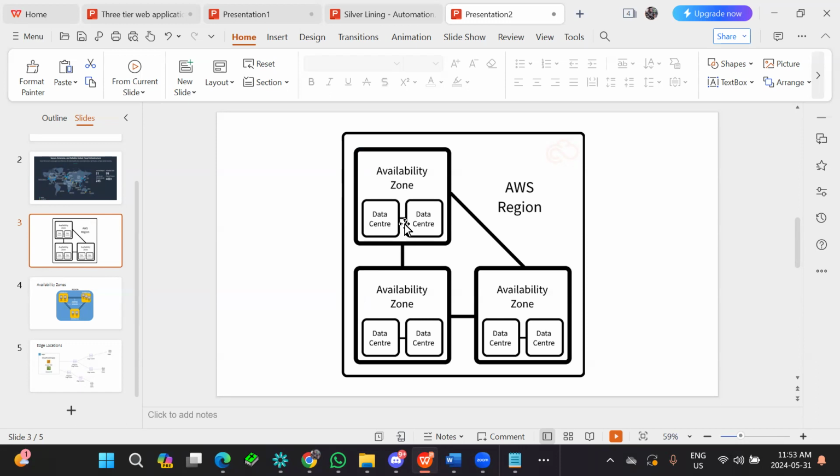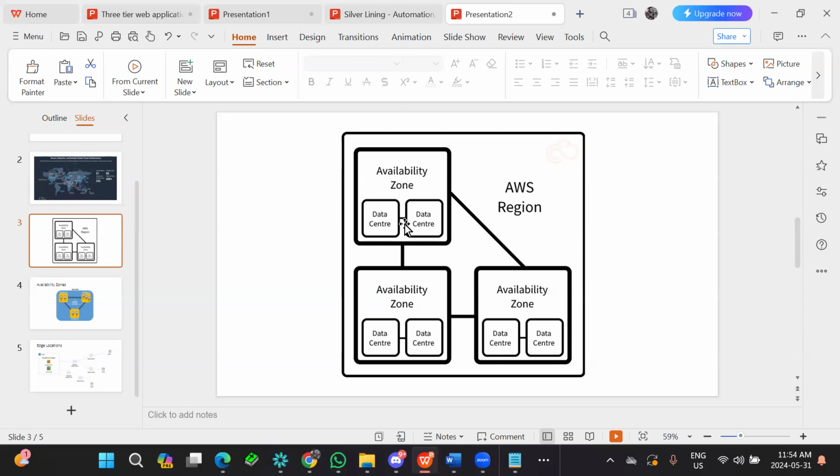We have disaster recovery, and having multiple regions allows AWS to implement disaster recovery strategies by replicating applications and data across different regions. That is what we call cross-region replication.